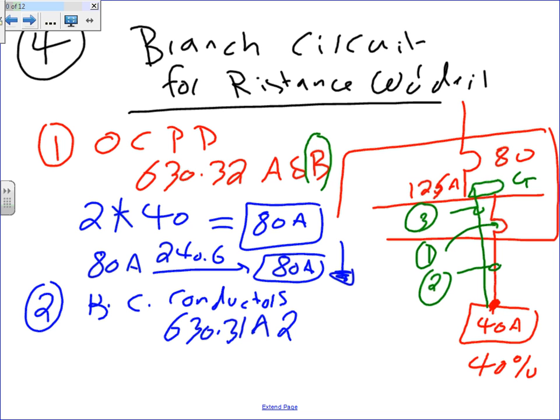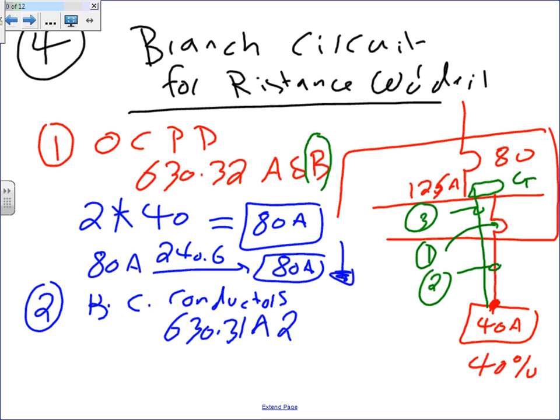Arc welder. The density of the conductor and it's really, it's 32, it's a different code section, but it's really repeat what we've done.